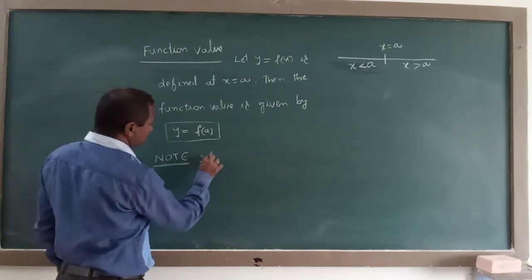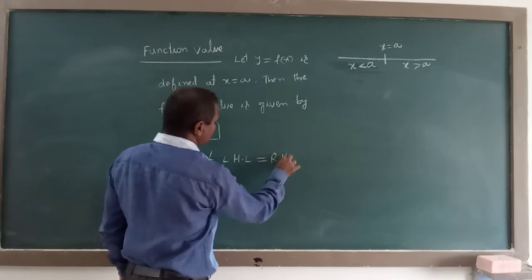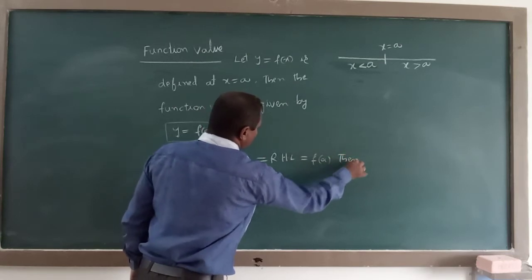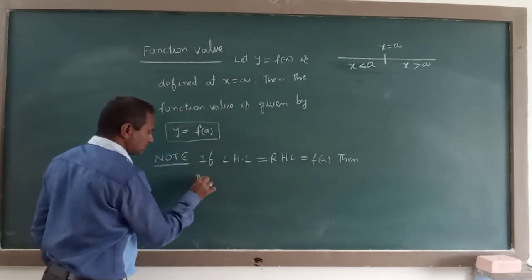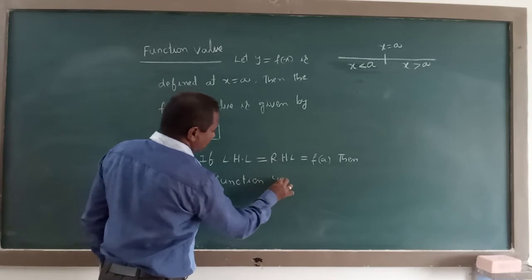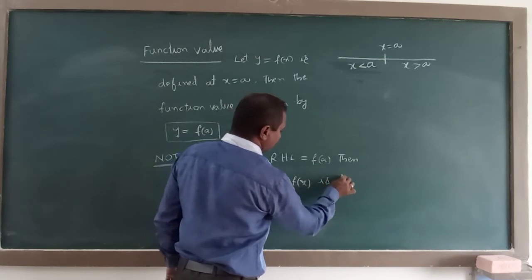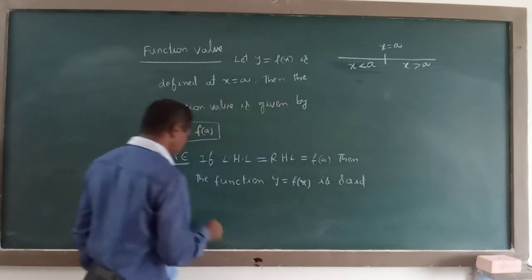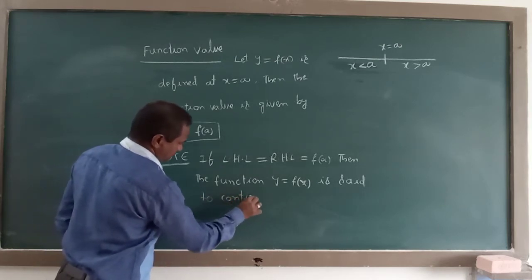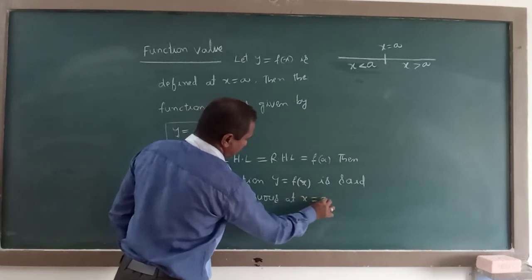If LHL is equal to RHL is equal to f of a, then the function y is equal to f of x is said to be continuous at x equal to a.